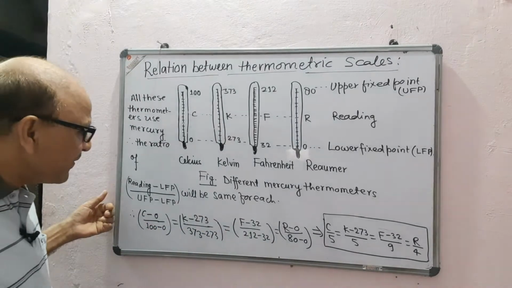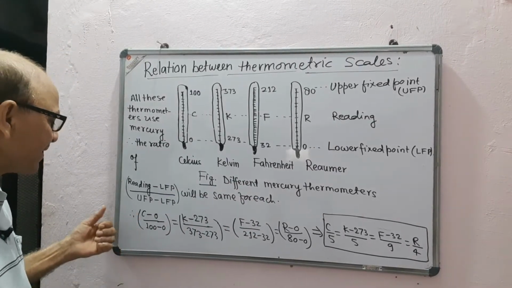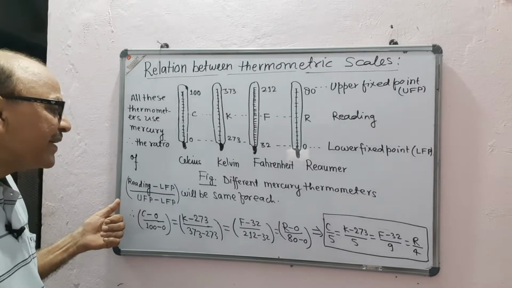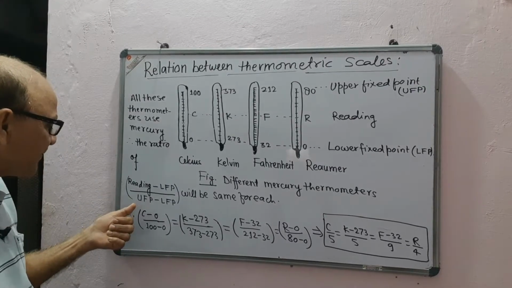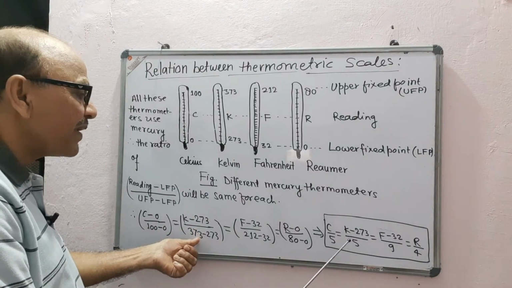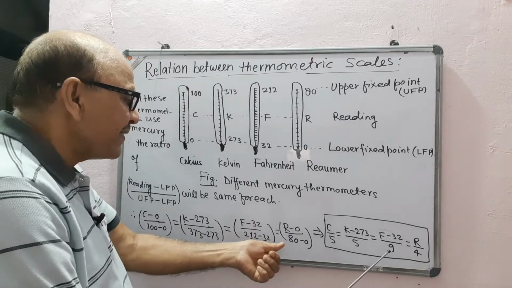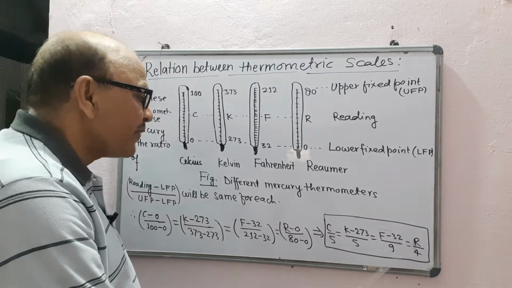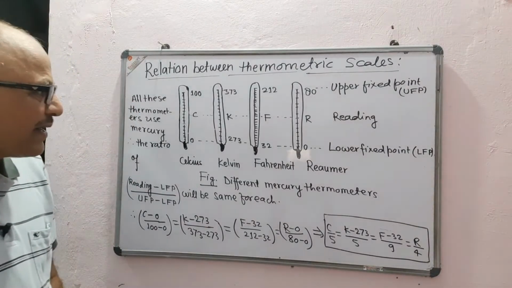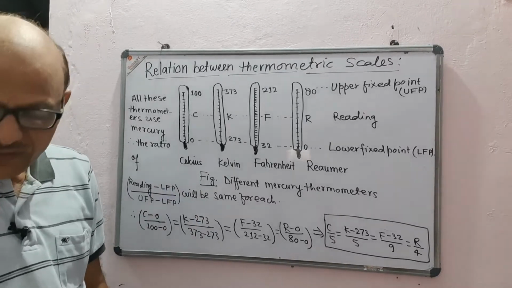If we divide all these by 20, then we get C upon 5 is equal to K minus 273 upon 5 is equal to F minus 32 upon 9 is equal to R by 4. This is the relation between all these 4 thermometers which can be used to make calculations.